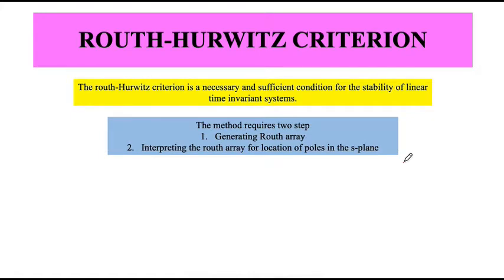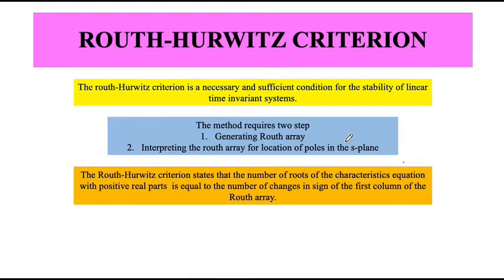We will not do the proof of it, but we will just learn the technique. The method has two steps. First, I generate something called the Routh array, and then interpret the array in terms of the location of poles in the s-plane.